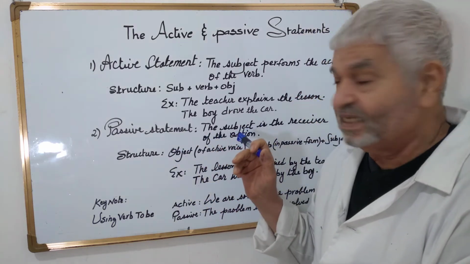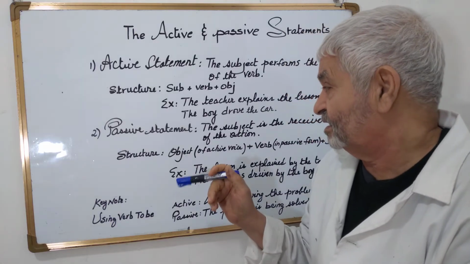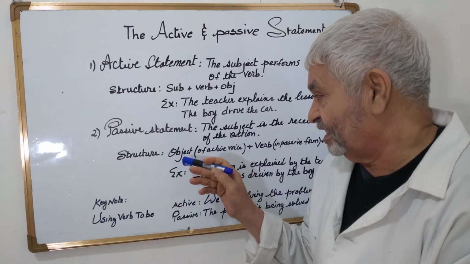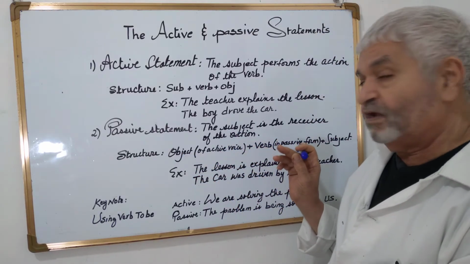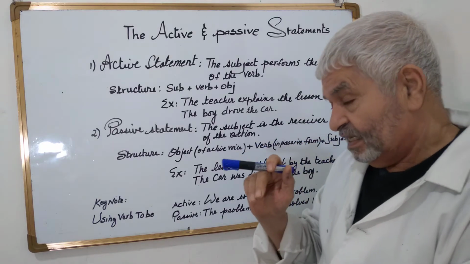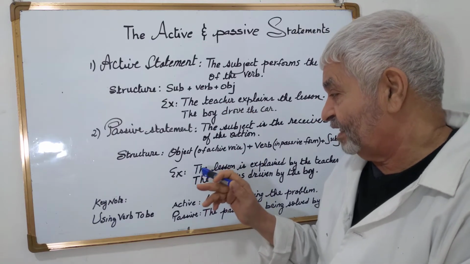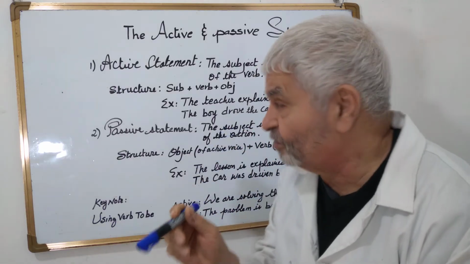The subject is the receiver, in this case, of the action. The structure of it is the object of the active voice, plus the verb in passive form, plus the subject. Here, these two become like: the lesson is explained by the teacher.